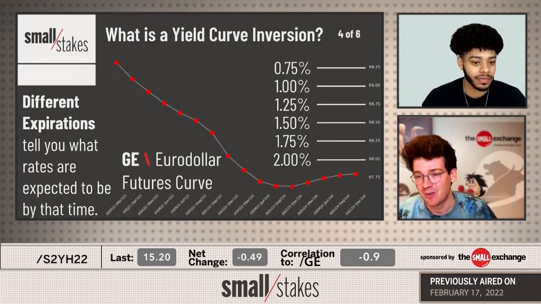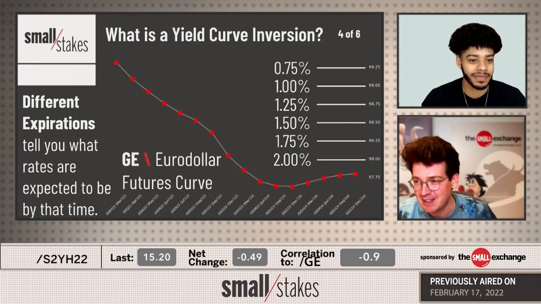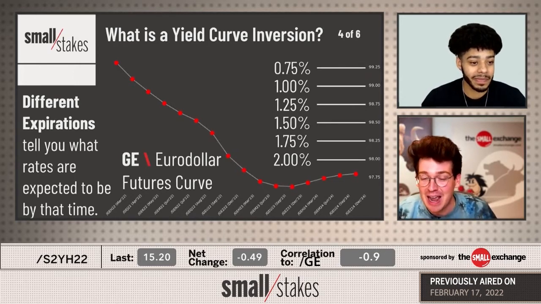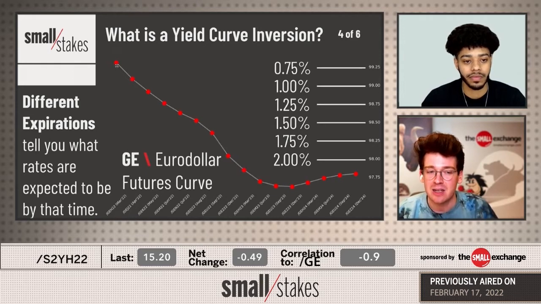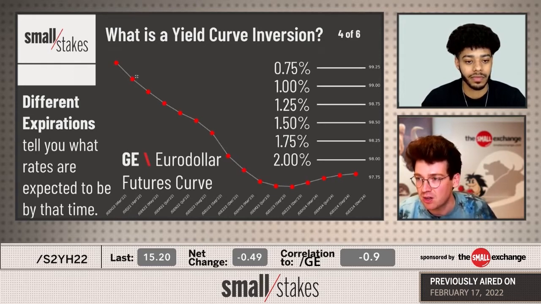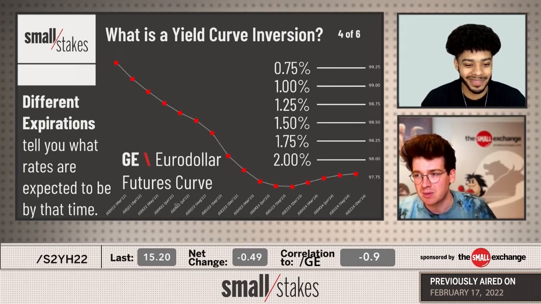Now, let's take it a little bit further. I think you're there with me. Yeah. Now we're looking at the forward curve for Eurodollars, which is essentially a yield curve here. And you can see each of these dots, Errol, is just the price of Eurodollars in the expirations that you can see down here on the x-axis.